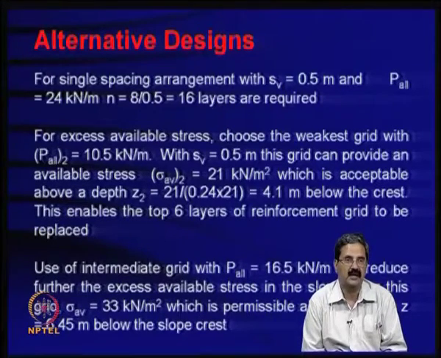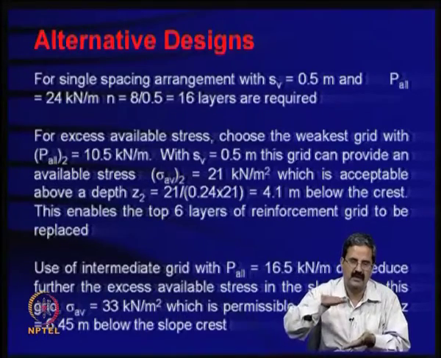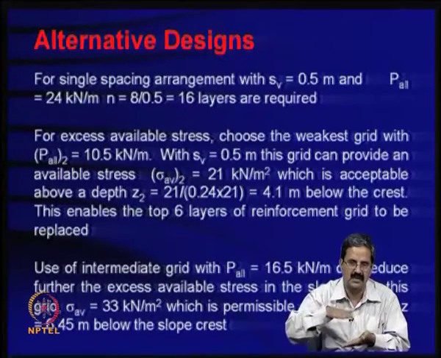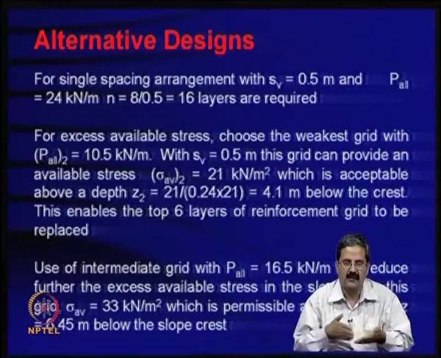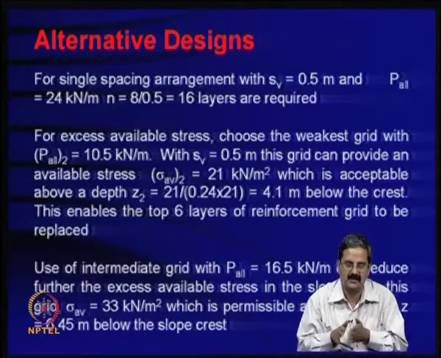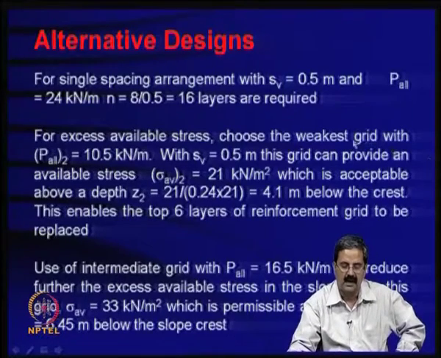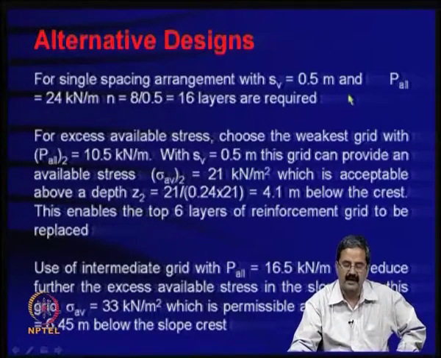As I mentioned in the compaction class, the density within this 0.5 should be the same and constant, and it should give very good strength, and also very good resistance between the soil and reinforcement. This is very important. So, when you take P allowable as 24 and spacing as 0.5, the number of layers will be 16.